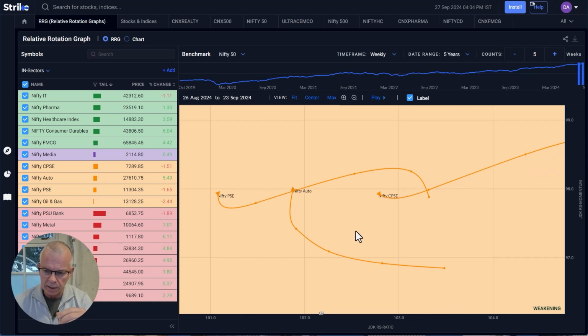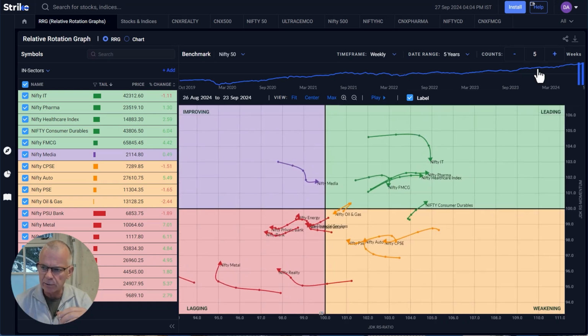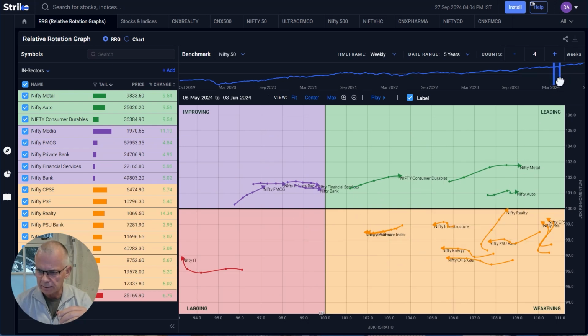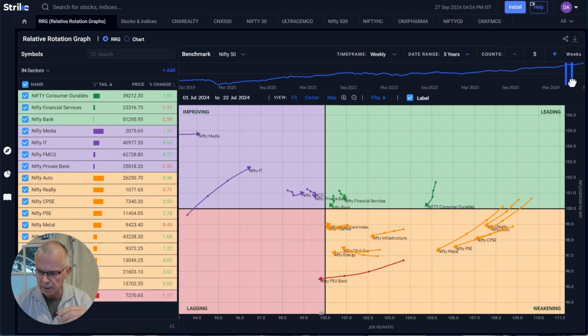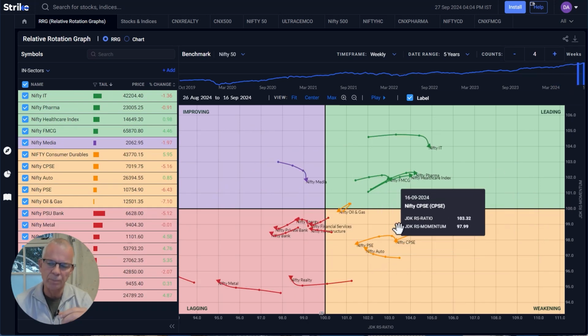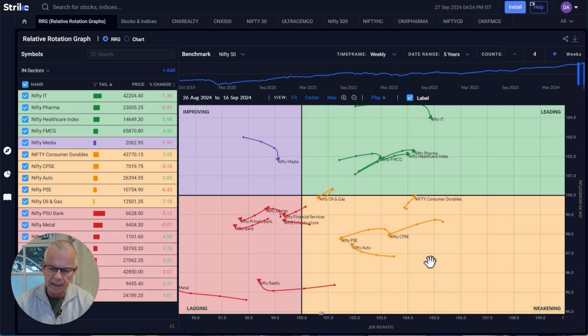Nifty Auto is doing a similar trajectory. If we would play that out, we would see a similar rotation. Let me grab that here. So here's autos, and they drop into weakening, and fast forward, they now start to pick up. Those sectors are worth looking at from a closer perspective.